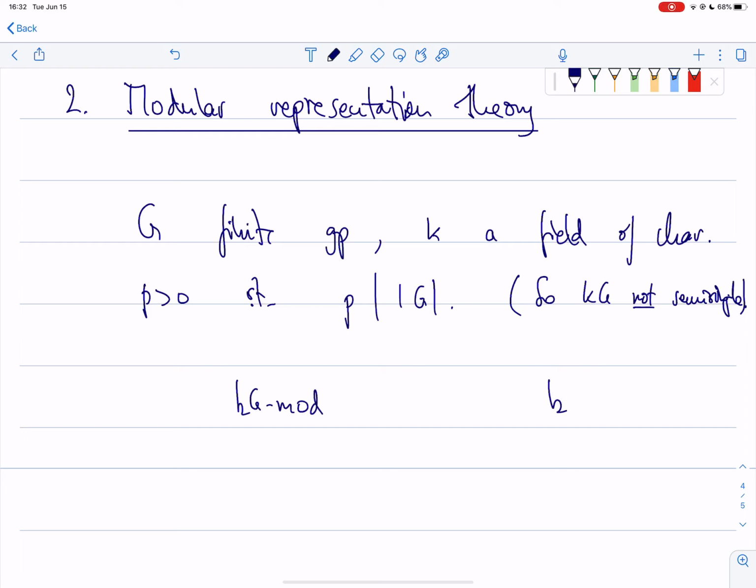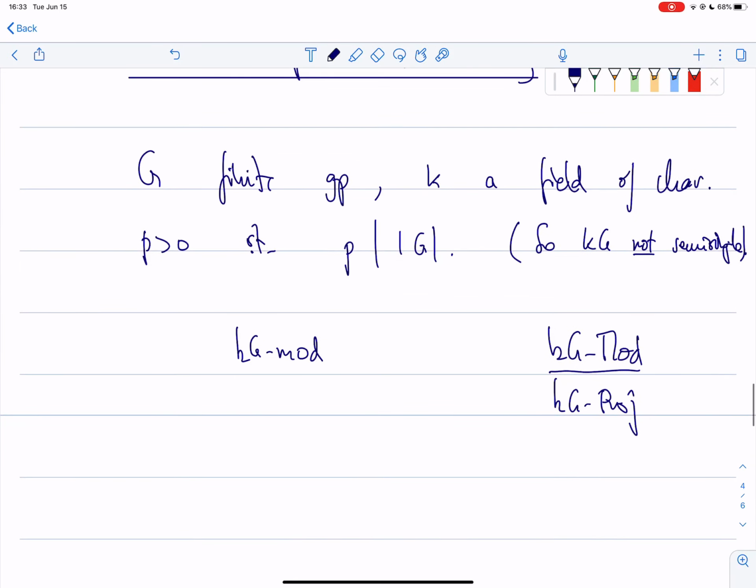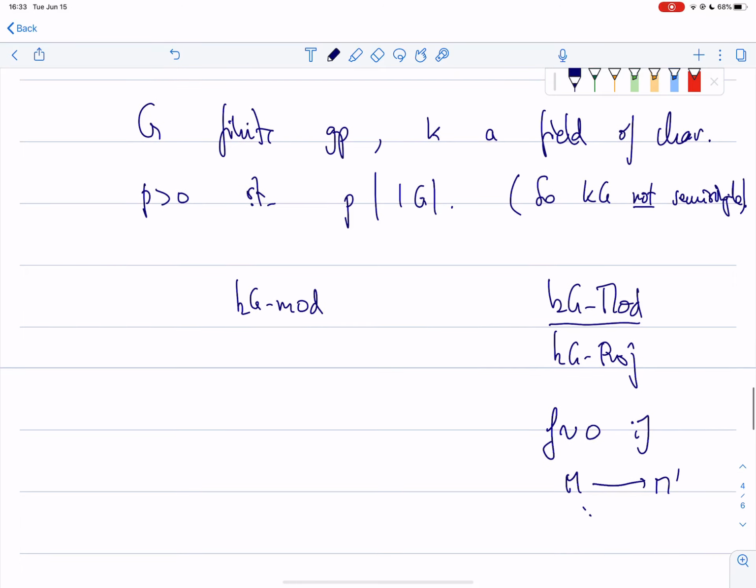You can say, let's look at all kG-modules, and let's mod out the projectives. What does it mean? Well, it means that objects are just kG-modules, but maps, if a map differs from another map by factoring via a projective, then you declare it to be 0. So you say a map from M to M' is 0 if it factors via a projective.